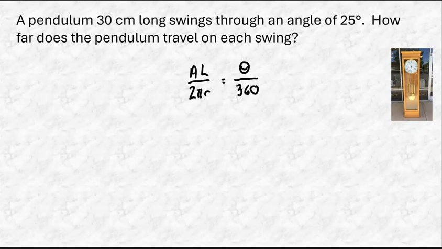And because we want to know how far the pendulum will travel on each swing, that's going to be what we look for. And the pendulum itself is the radius. And we know that it's moving 25 degrees over 360.